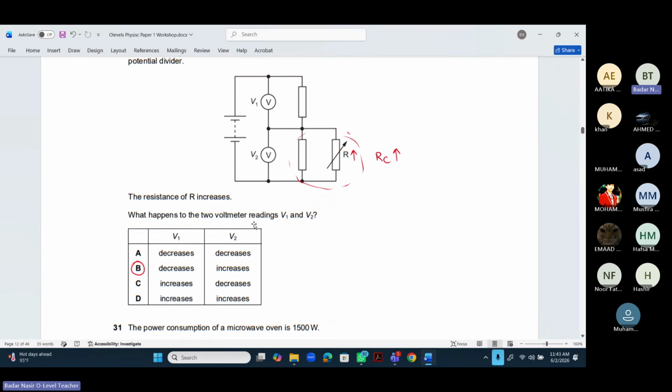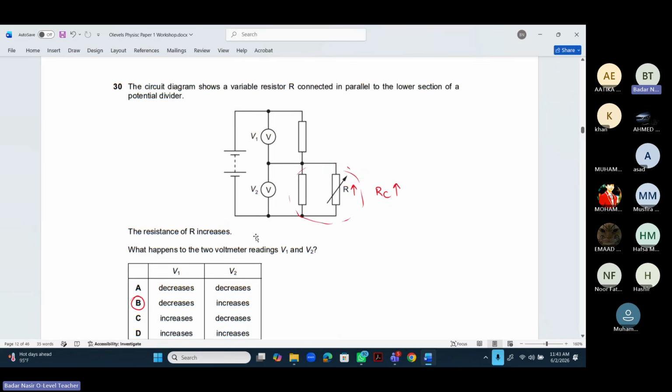So the correct answer is B. Okay? ये बात मैंने आप लोगों को बताई थी कि in series high resistance gets more voltage.